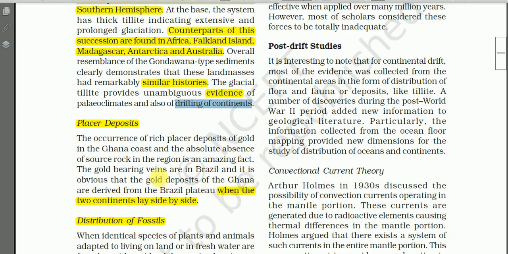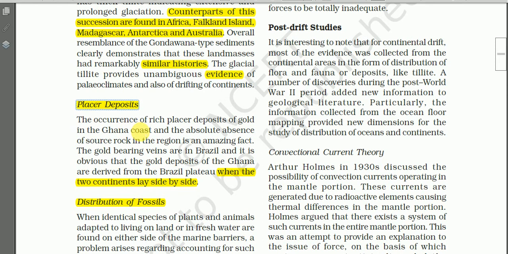Next we have placer deposits. Placer is a Spanish word, and it means alluvial sand.